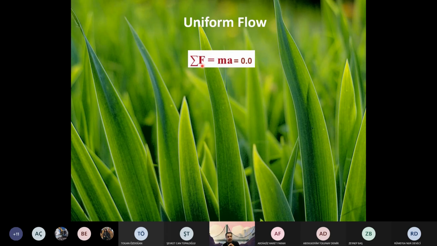The reason why the flow cannot accelerate, and moves with a constant velocity, is that the net force, sigma F, is 0. This is force balance. Force balance means that any forces acting on the motion of flow cancel out each other.